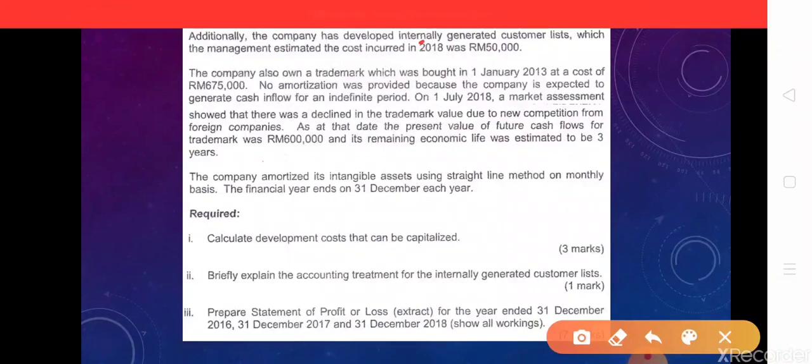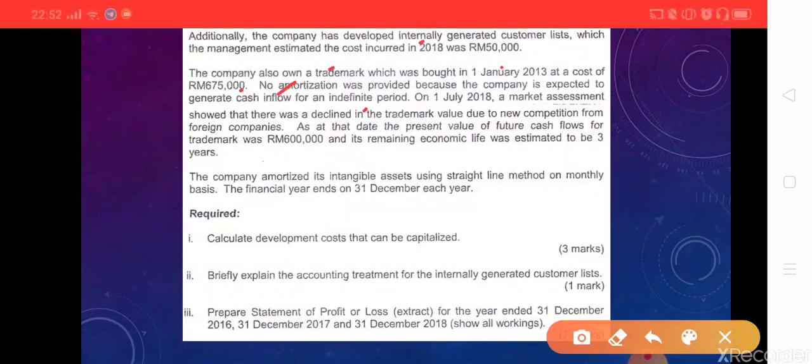Okay, so the company also owns a trademark. This is another intangible item which was bought on 1st January 2013 at a cost of 675,000. No amortization was provided because the company is expected to generate cash flow for an indefinite period. Okay, so no amortization, indefinite period.